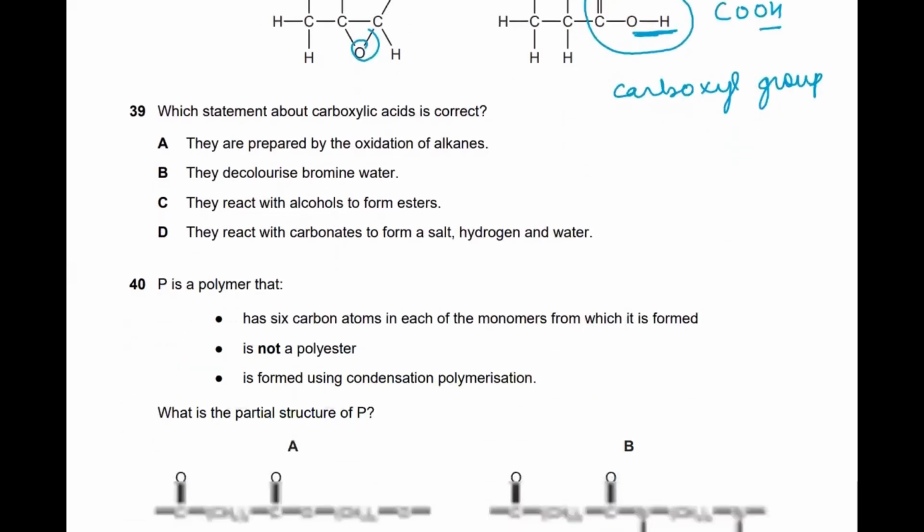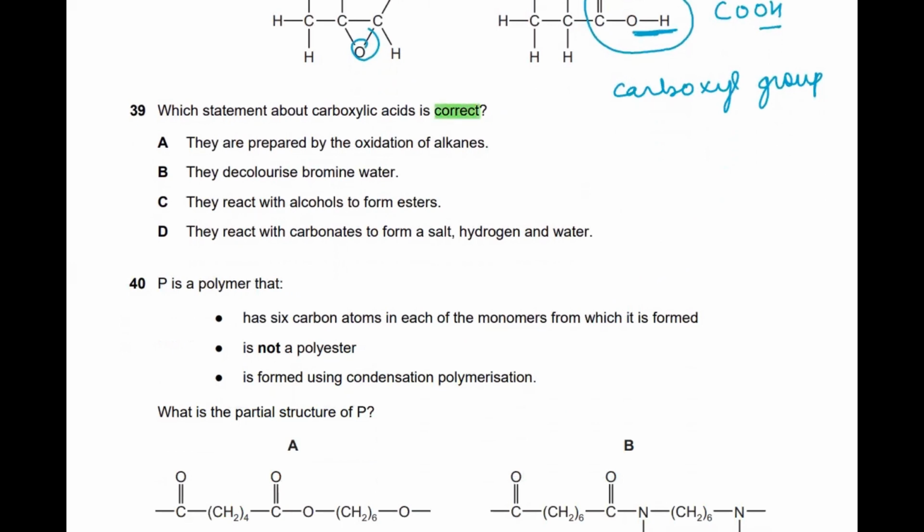Question number 39 and 40, just two more left. Question number 39, which statement about the carboxylic acid is correct? They are prepared by oxidation of an alkane. No, they're prepared by the oxidation of alcohol. So that is why this went wrong. Part B, they decolorize bromine water.